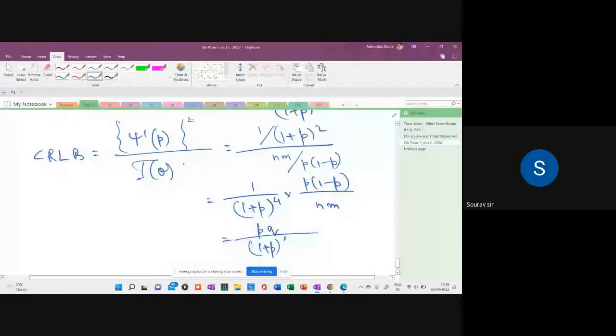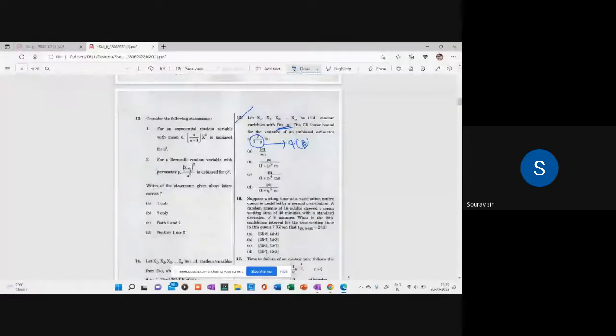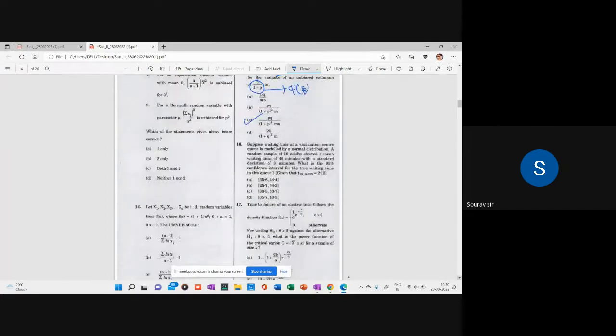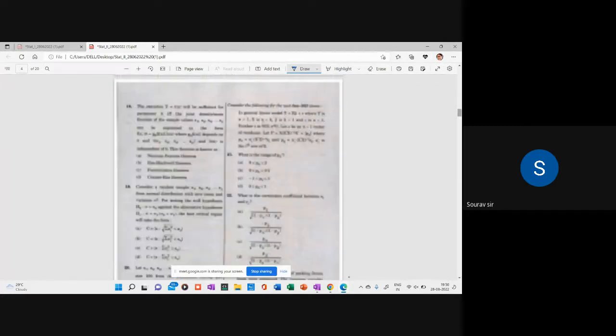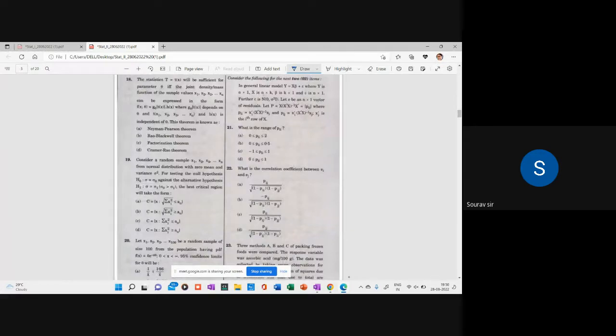So let's check the options. pq by 1 plus p to the power 4 into nm. So this is the correct option. Is it clear? I hope it's clear. So let me go and check for another small sum. We have only 5 minutes in hand.